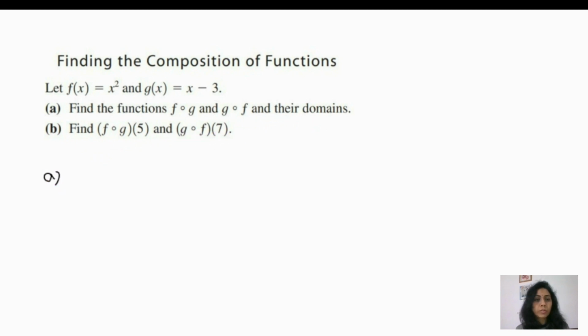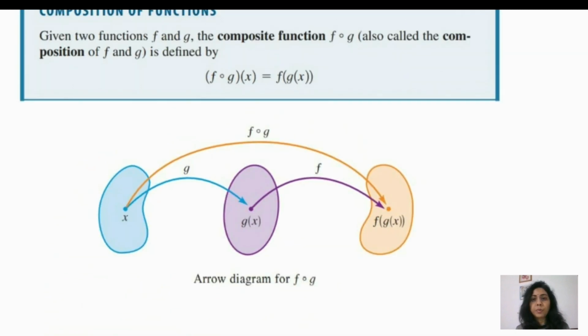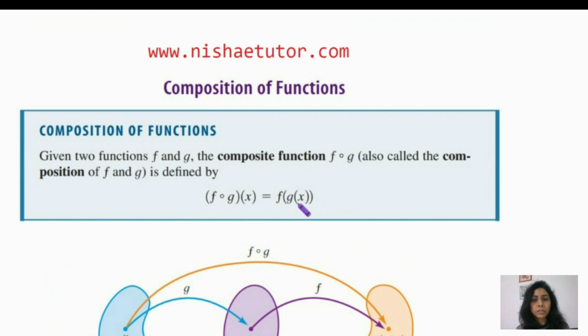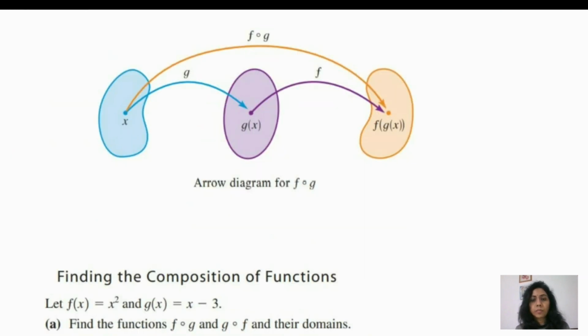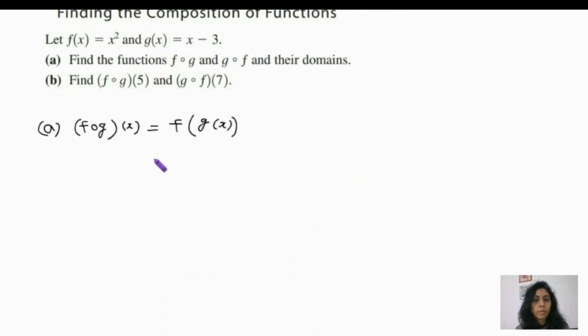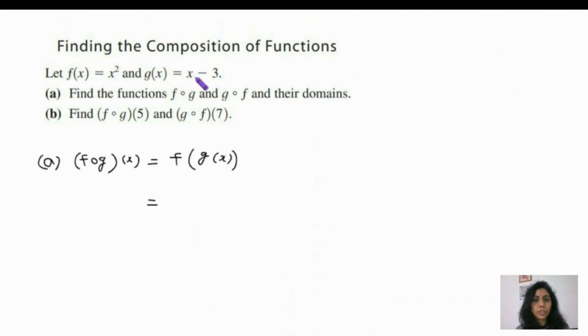So first question, f o g of x. By the definition of composite function, this is f(g(x)). What is the function g(x)? g(x) is given as x minus 3.